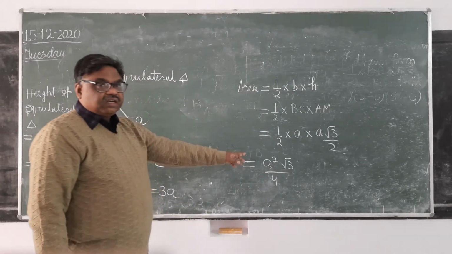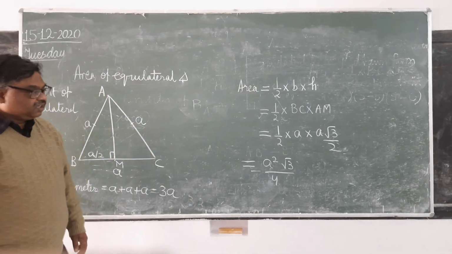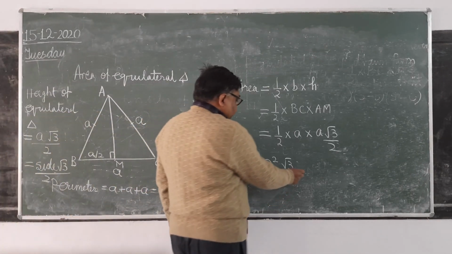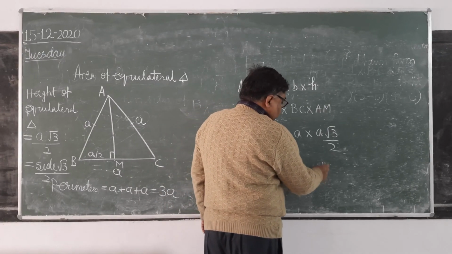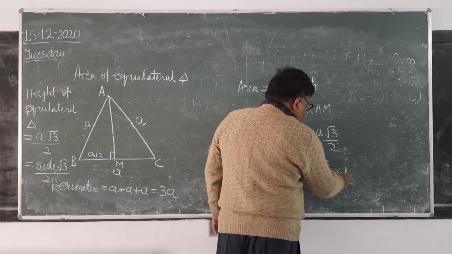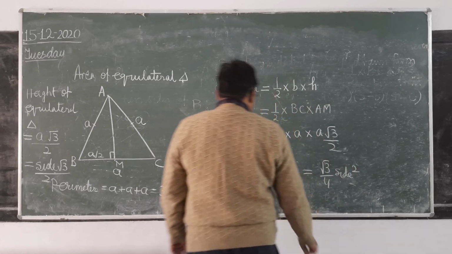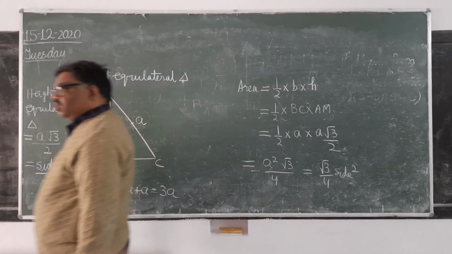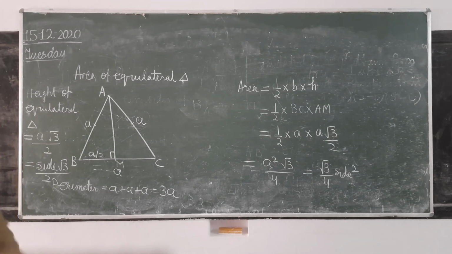A is the length of each side, so it is root 3 upon 4 into side square. This is the area of equilateral triangle.